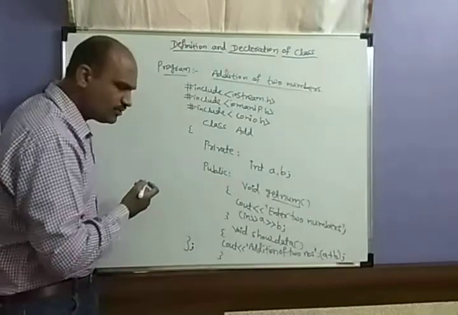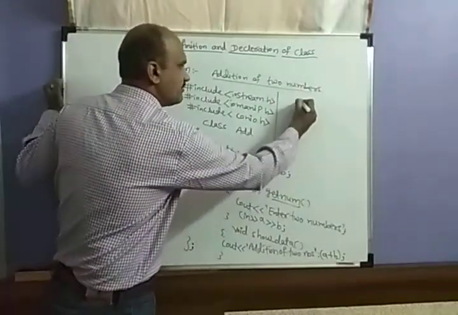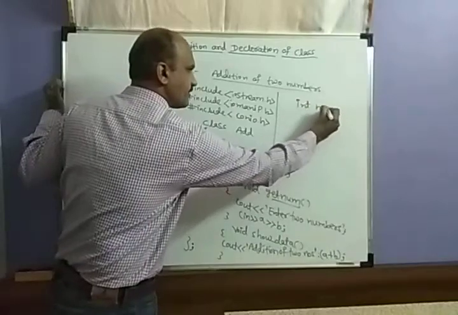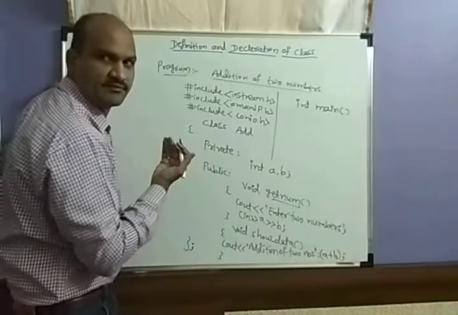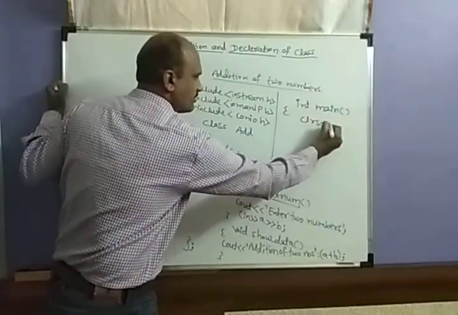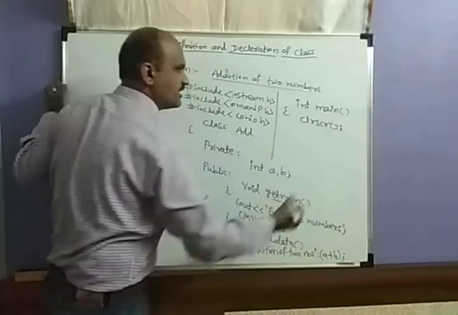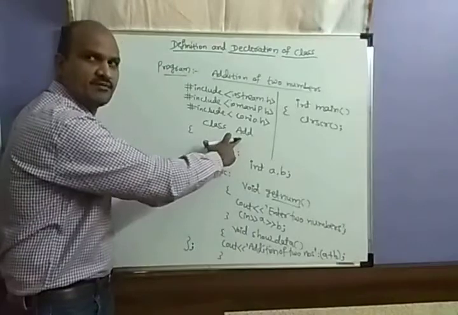When you go to the main function, I will write int main. We are taking integer because it will return a value. Then we will have clear screen, which you already know, clrscr. Now here is the name of the class.